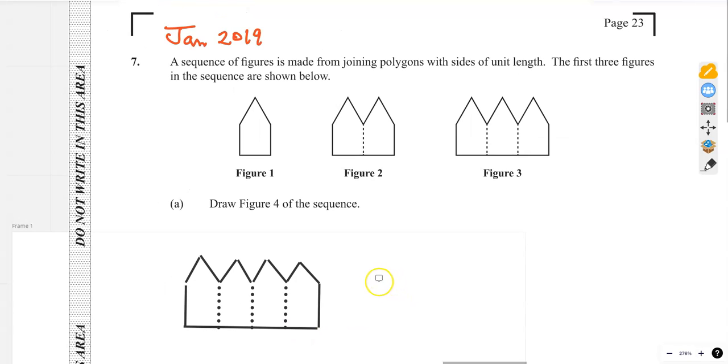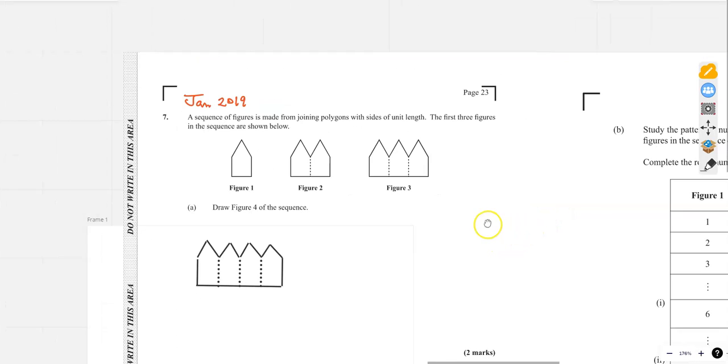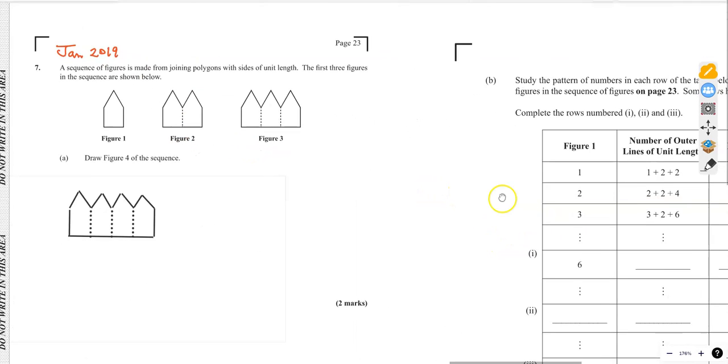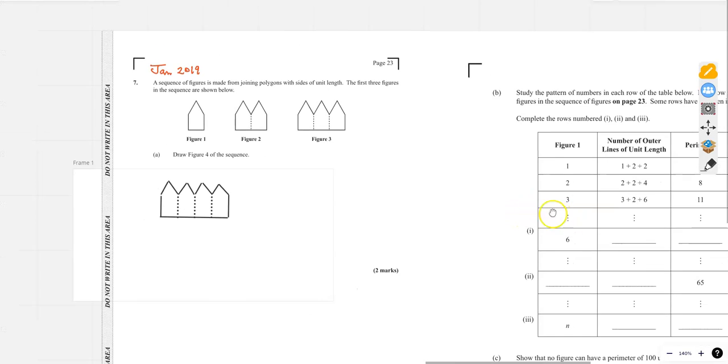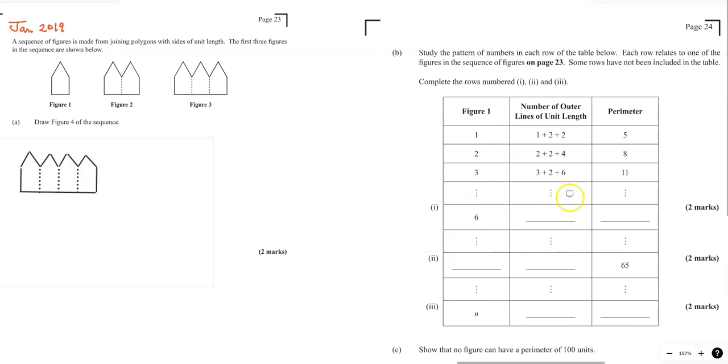Now let's look at the table that is given. You are given a table where you are required to use this information to complete it. So let's have a look at the table. In this column we have the figure, in the second column we have the number of outer lines of unit length, and in the third column we have the perimeter.